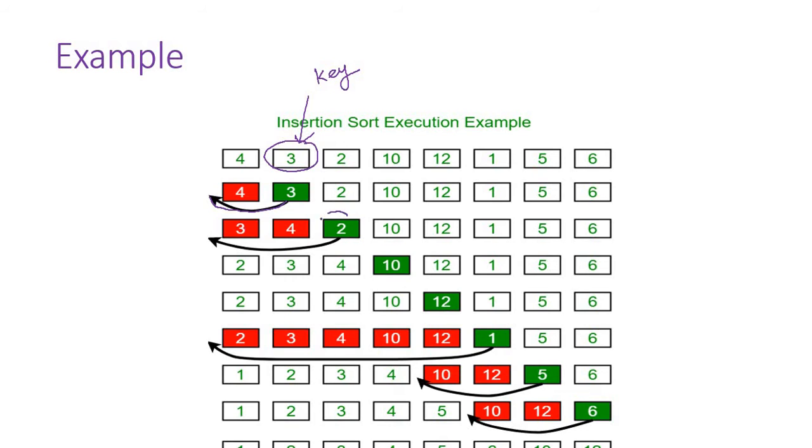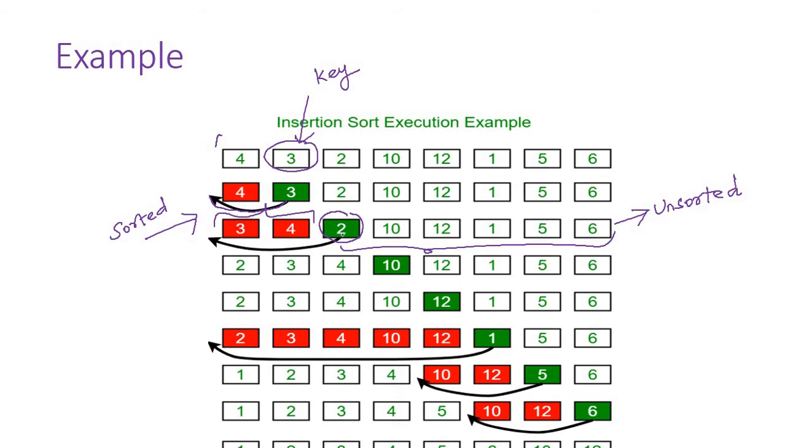Now the next element is 2. As I said earlier, this is the virtual sorted part, and this is the unsorted part.